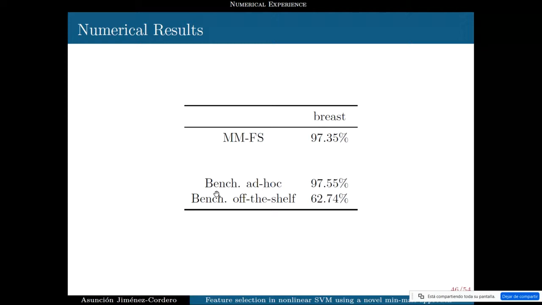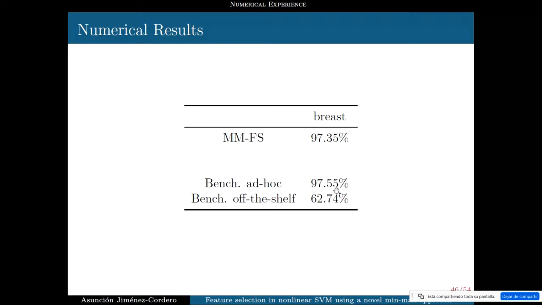In the second comparison, we choose a benchmark method in the literature, which uses an ad hoc strategy with heuristics, not very complex, not very simple, and we see here that our off-the-shelf strategy is comparable in terms of accuracy with the one in the literature that needs to tune a lot of hyperparameters.